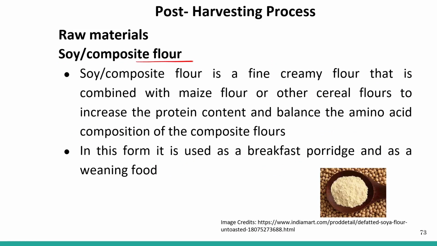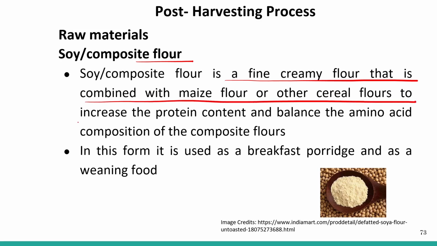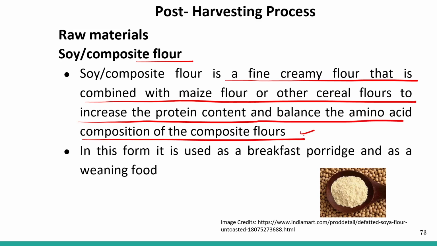Soya composite flour. Soya composite flour is a fine creamy flour that is combined with maize flour and other cereal flours to increase the protein content and balance the amino acid composition of the composite flour.